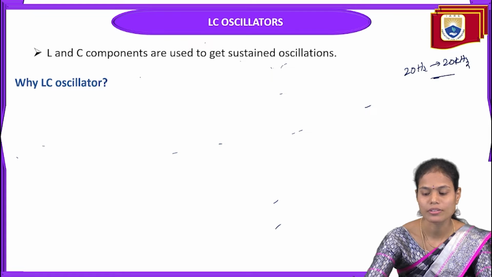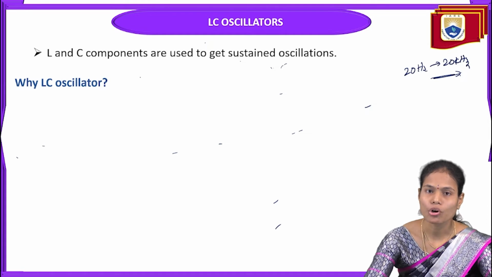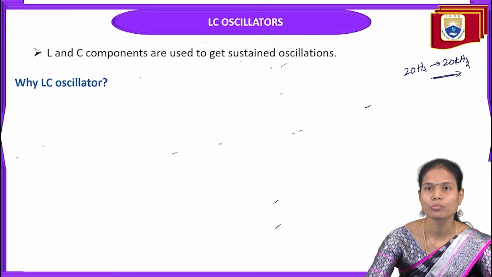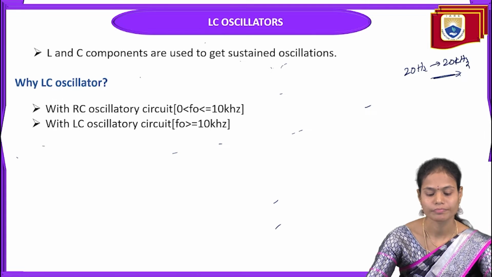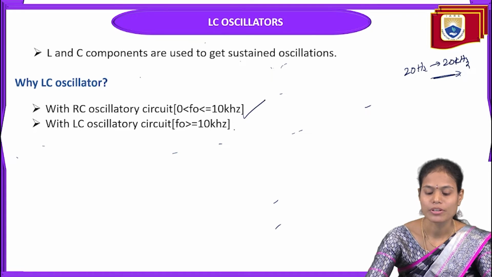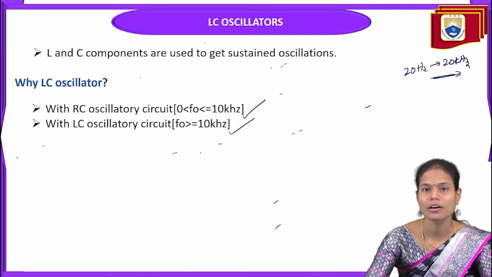But if you want to generate high frequency signals, we move to the LC oscillator circuit, for greater than 10 kHz, or almost 200 kHz and above.